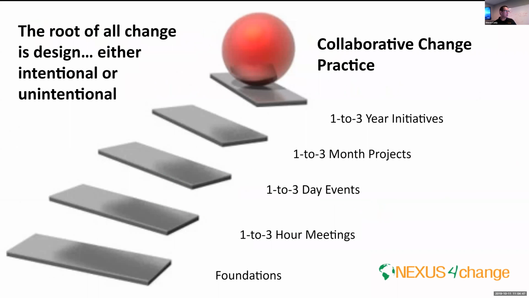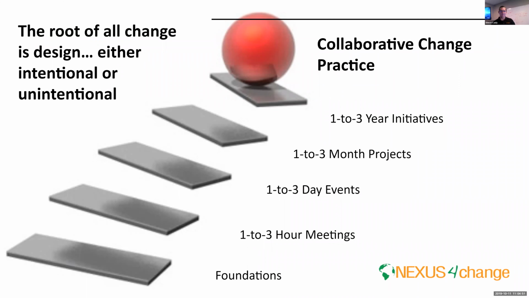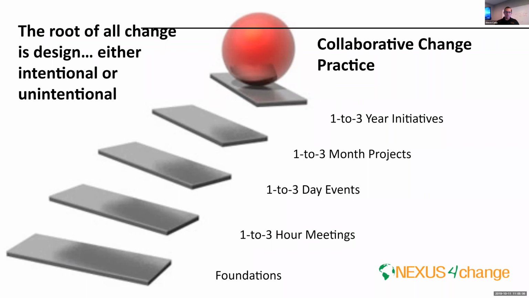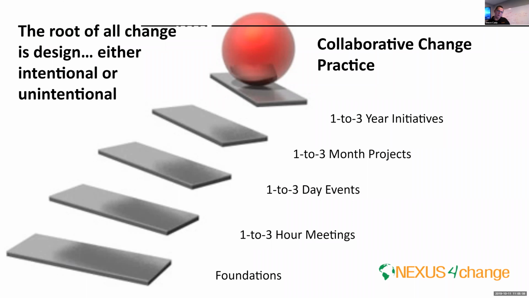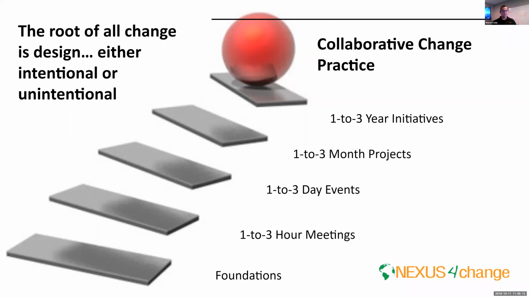So let's jump in. The root of all change is design. The question is, is it intentional or unintentional? A lot of you that do this work know the idea that a vision without action is a dream, and action without a vision is like a rudderless boat, those kinds of analogies. And when we think about change, it happens.